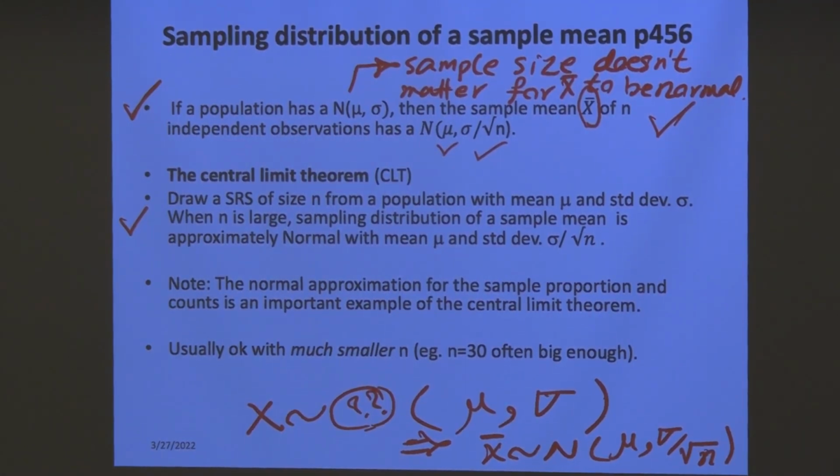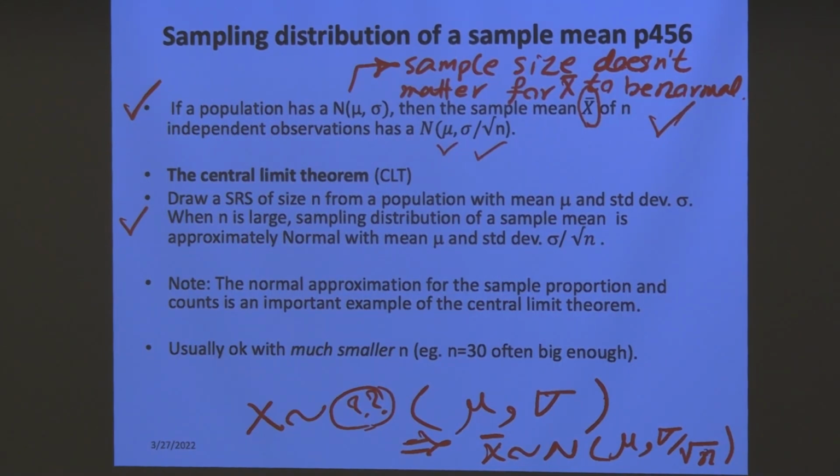It's a fascinating thing that statisticians have discovered and proved that no matter what the distribution in the population is, if your sample is large enough, and if the assumptions of the central limit theorem are valid, which we will discuss, the sampling distribution of the sample mean is going to be well approximated by a normal model.